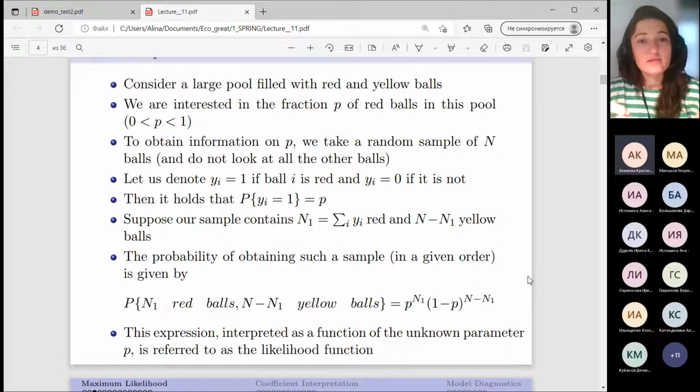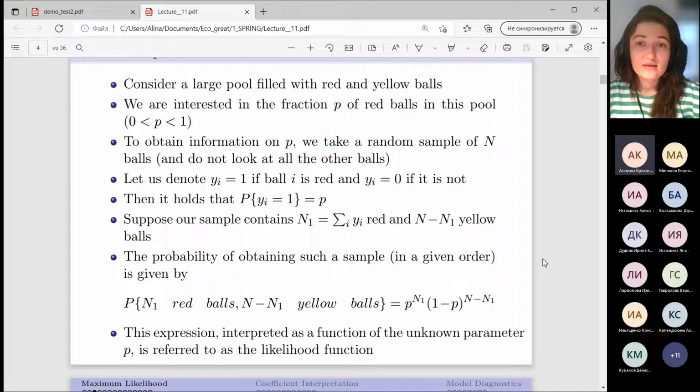It's very easy if, for example, first of all, we have a small pool with 20 or 30 or even 100 red and yellow balls. In this case, you can take a look at each ball and count them, and find the fraction of red balls.